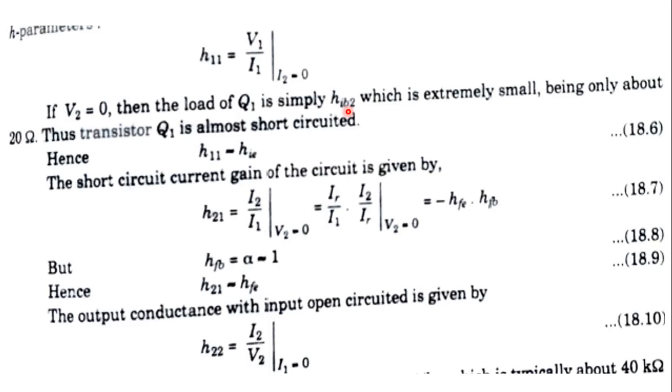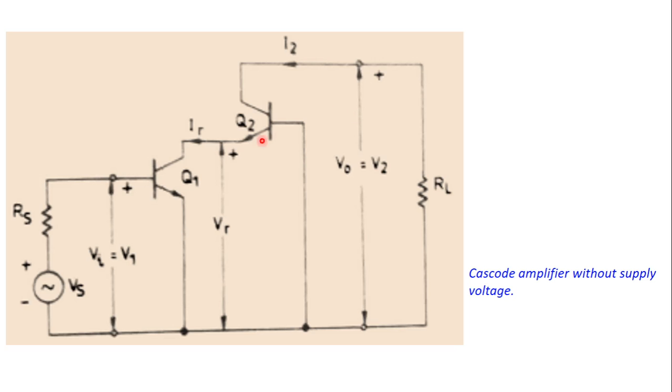We know that the input resistance of a common base configuration is very low, and let us see why. This terminal is open circuited, and I want to calculate the resistance seen when we look from this side.